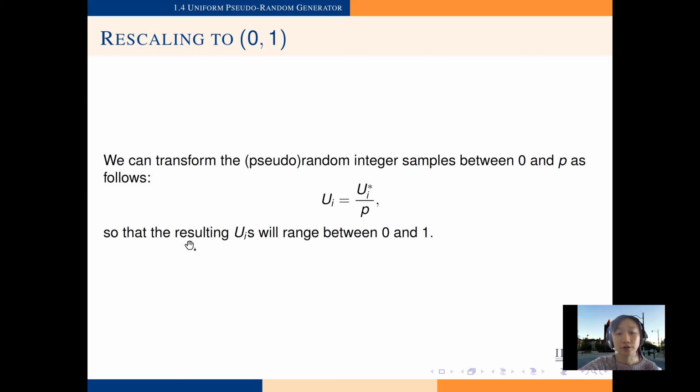And the resulting ui's will range between 0 and 1. We won't go into the details of the theories behind these algorithms, but you can read the information online yourself. Using these kinds of methods ensures that each of the integers between 0 and p have approximately equal chance of being sampled. In other words, after rescaling, the resulting ui will theoretically follow the uniform distribution between 0 and 1.